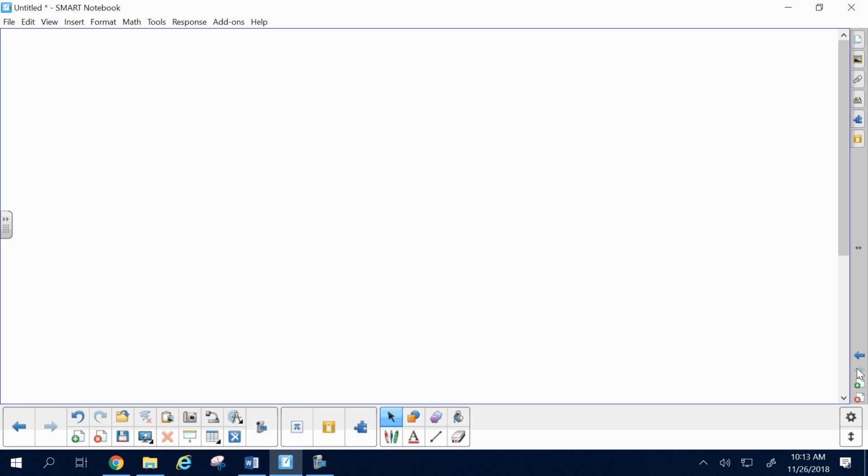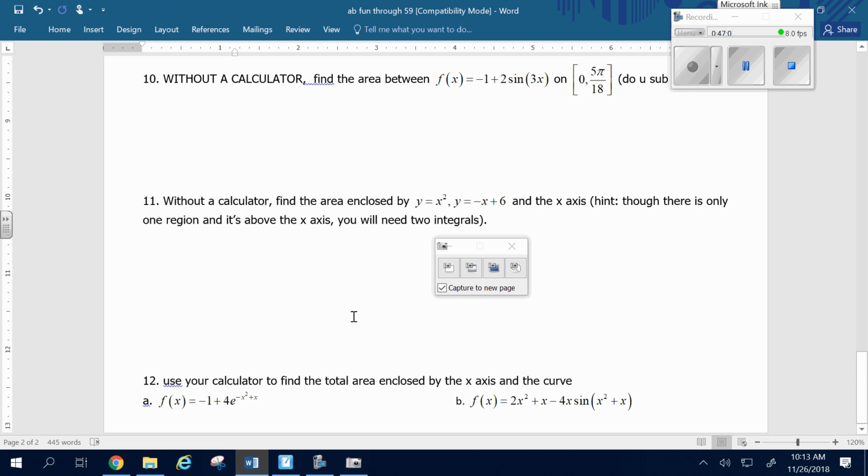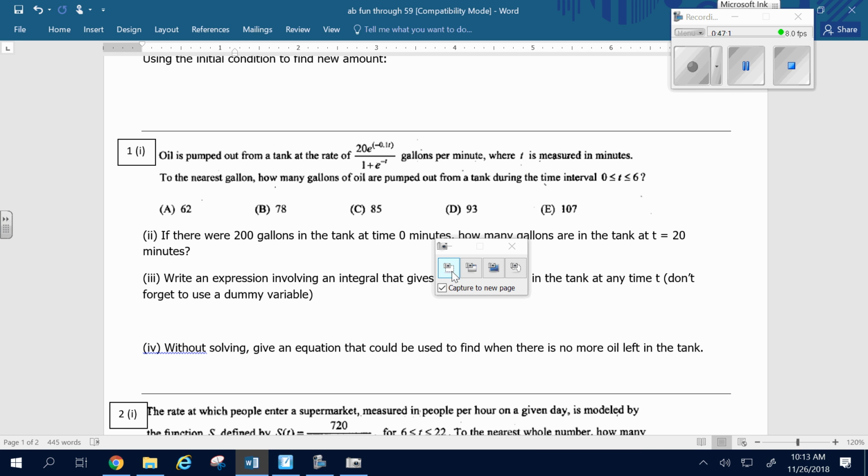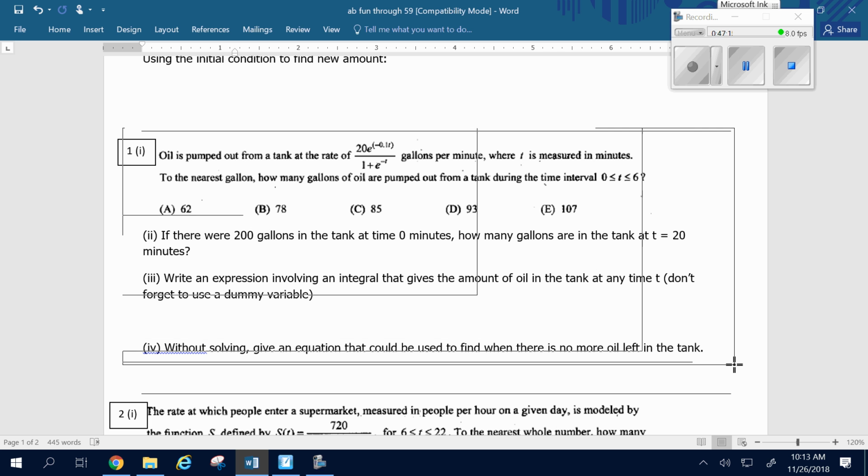So, 7th hour, if you're really rusty. You may use a calculator on those 1 and 2, by the way.